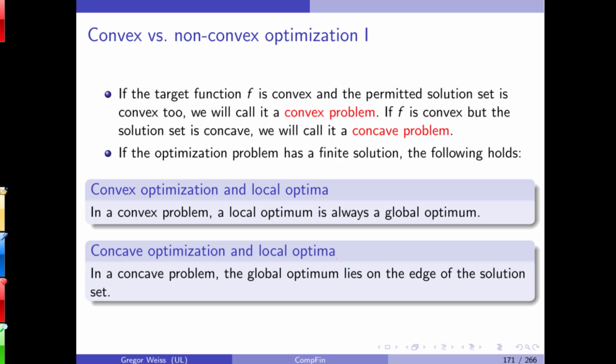If f is convex but the solution set is concave, we will call it a concave problem. And we get two very simple results. In a convex problem, a local optimum is always a global optimum. And in a concave problem, the global optimum lies on the edge of the solution set. So if you can check for the convexity of your target, your objective function, then you already know that you only need to find the one global optimum, because any local optimum will be the global optimum.